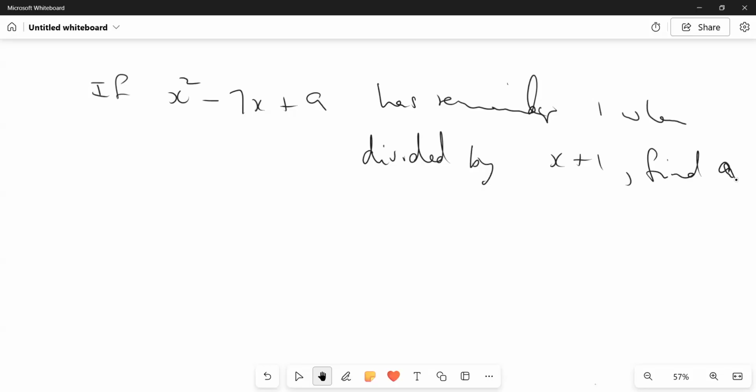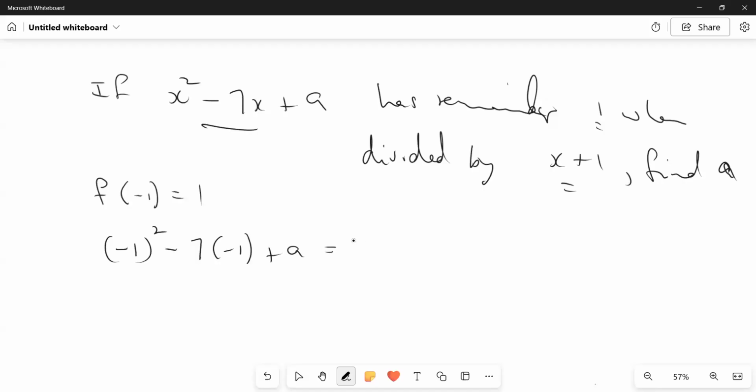So all they're telling you is that when you divide this expression by x plus 1, you get a remainder of 1. So in other words, if you were to name this f(x), f(-1) is equal to 1, right? In other words, if you substitute -1 in here, you get (-1) squared minus 7 times -1 plus a.